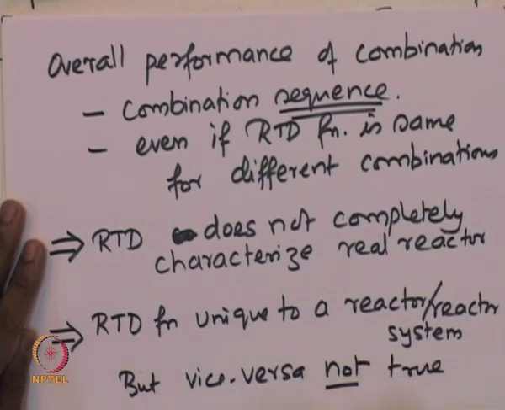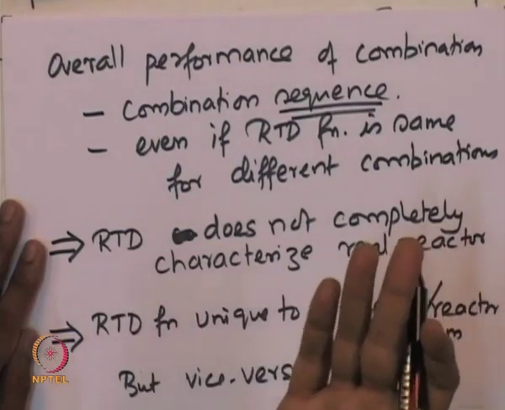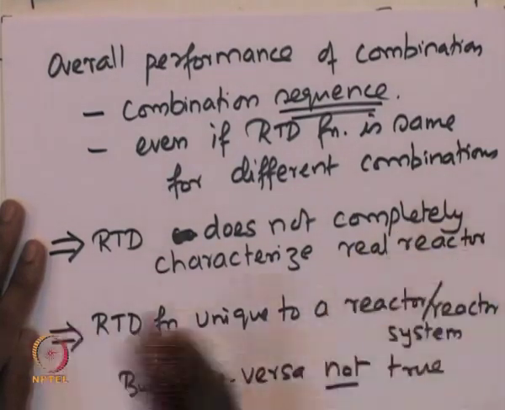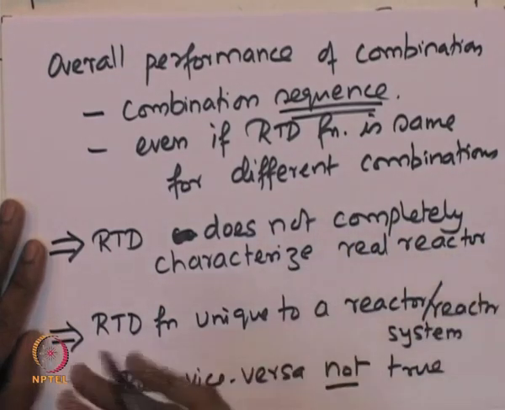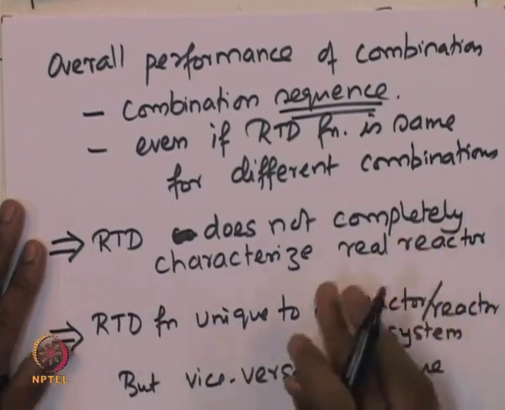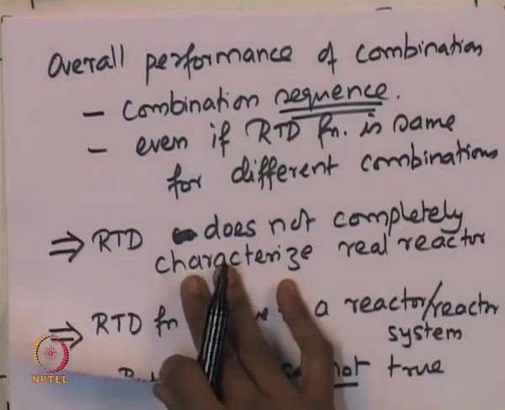That means that the reactor system is not unique to a given RTD, whereas an RTD can be unique to a given reactor system. And what we demonstrated just now is that depending upon the combination in which it is placed, the overall performance could be different, but both combinations have exactly the same RTD function.